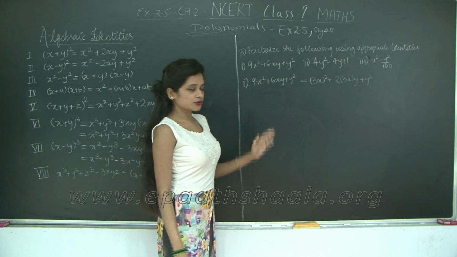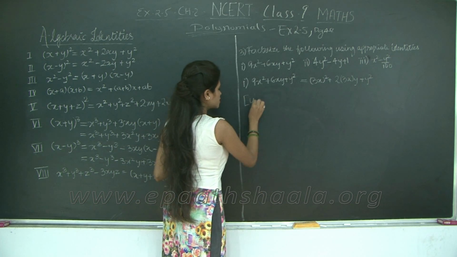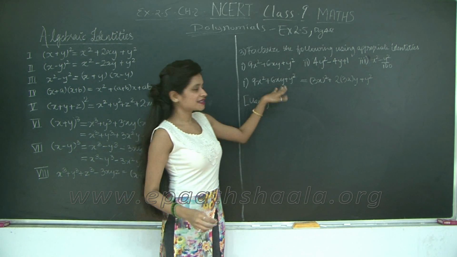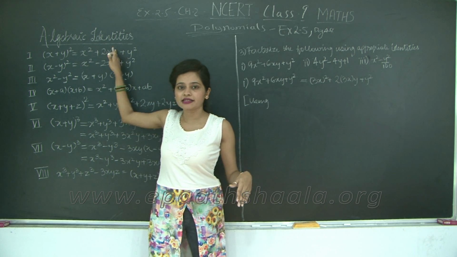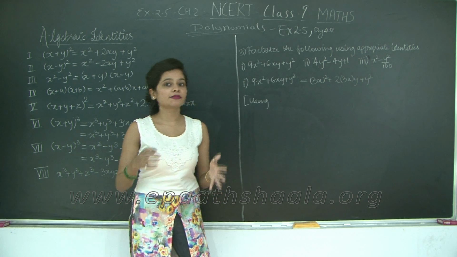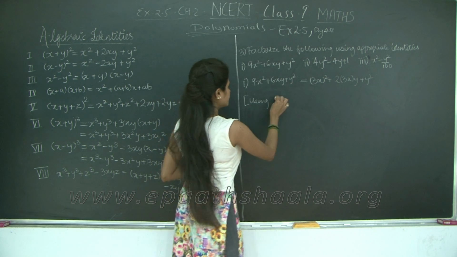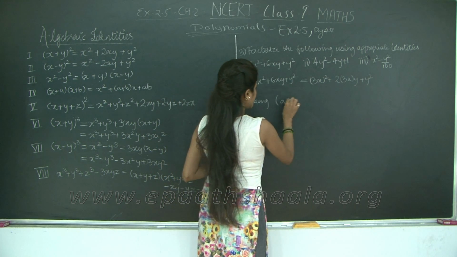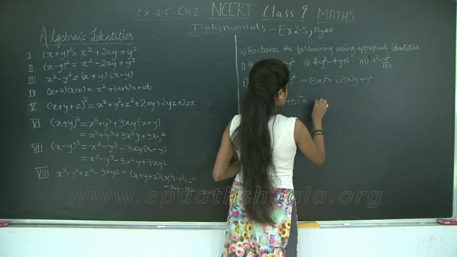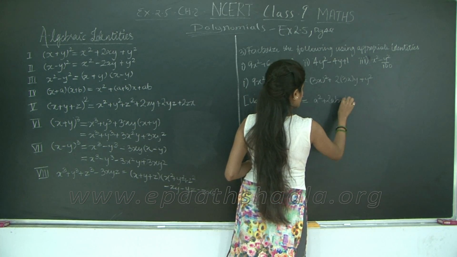So now we are going to use our identity 1 and solve this. First of all, we have x and y over here, so I am not going to write my identity in the form of x and y. I will write it in the form of a plus b, just replacing the variables x and y with a and b respectively. Using a plus b the whole square is equal to a square plus 2ab plus b square.